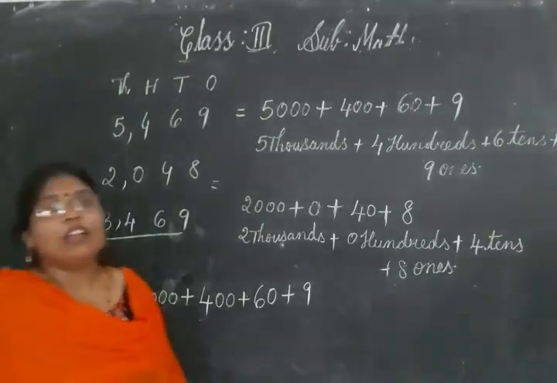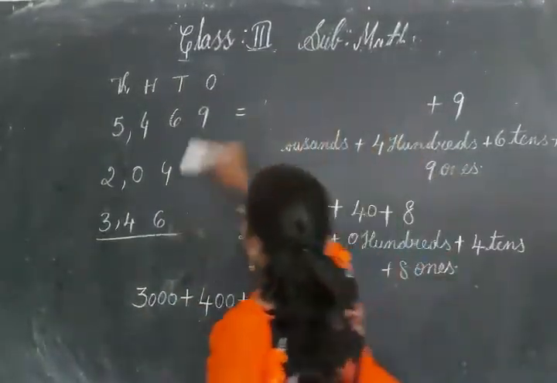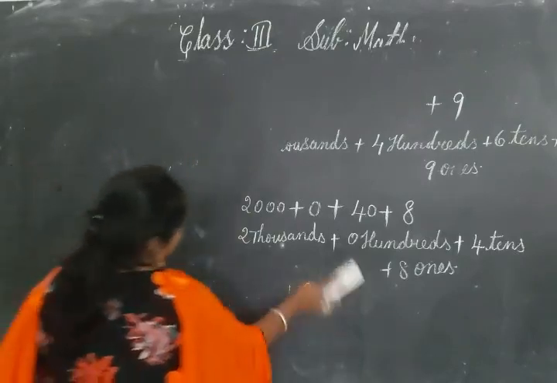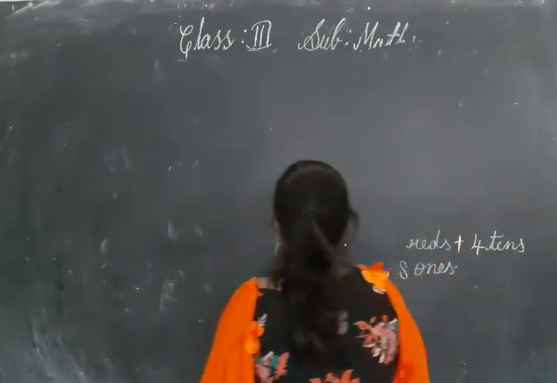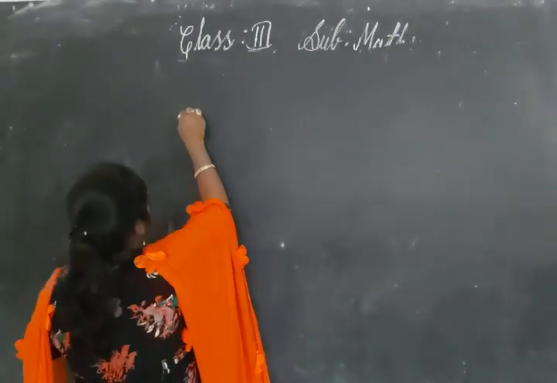Come on children, let's move to our next topic. Before starting the new concept, I am going to ask you a few questions. Let's try to answer this. So children, I draw some objects.